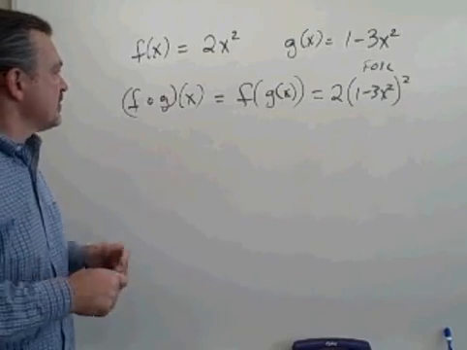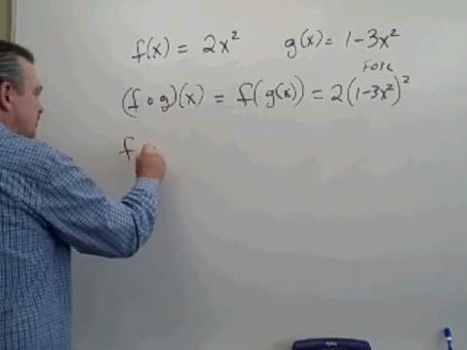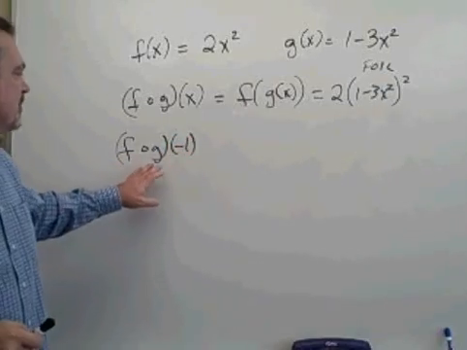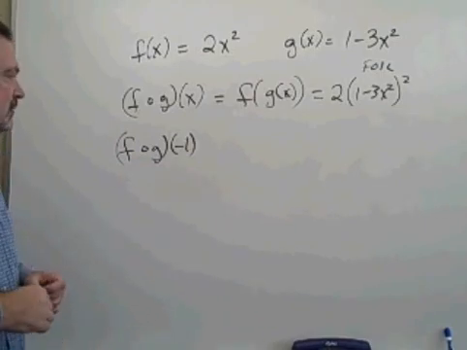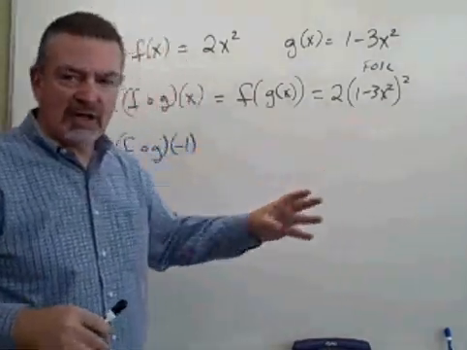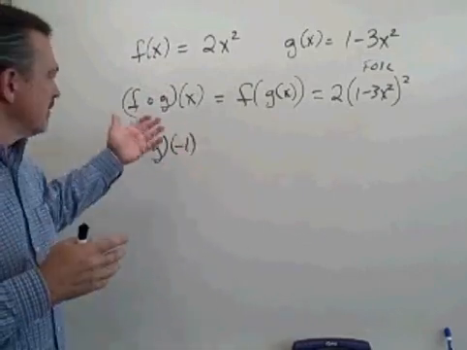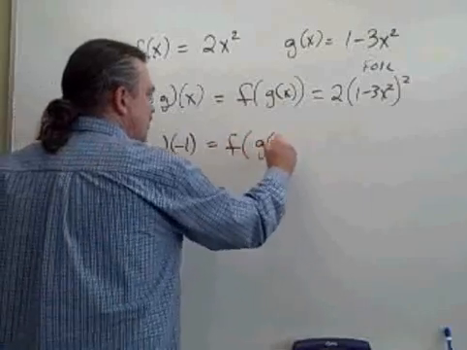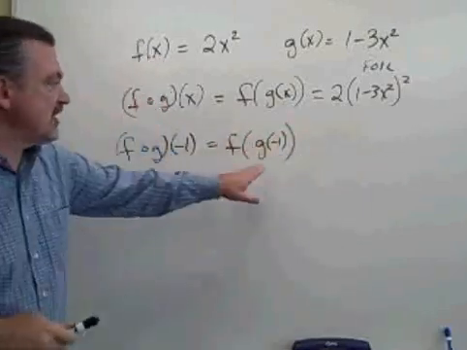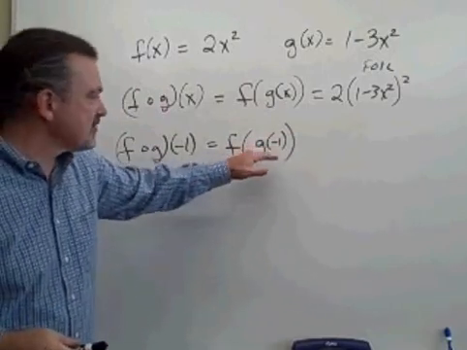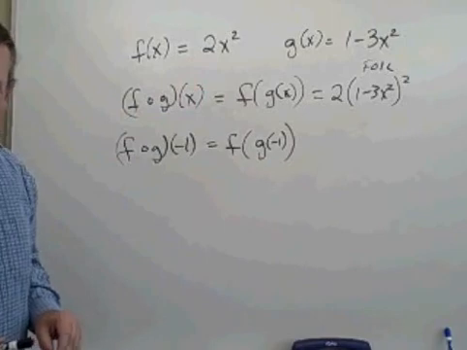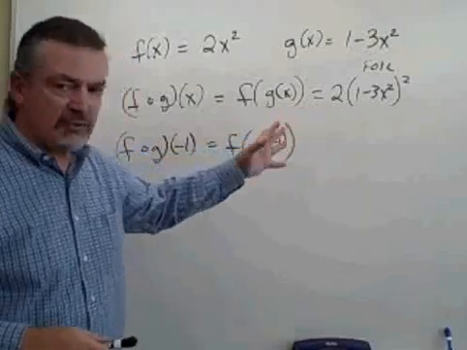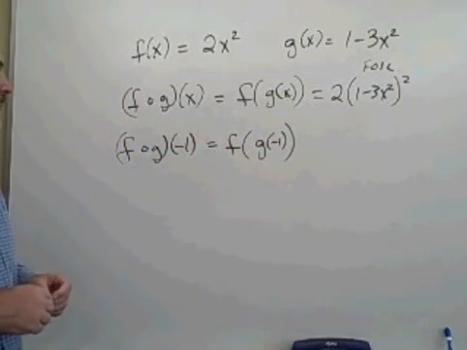But if the only thing I wanted to know was the function value of f composed with g at -1, rather than going through the work of creating that composition function, I can simply first evaluate the function g at -1, take that answer and evaluate the function f at that value. That's probably going to be less work than composing the function.